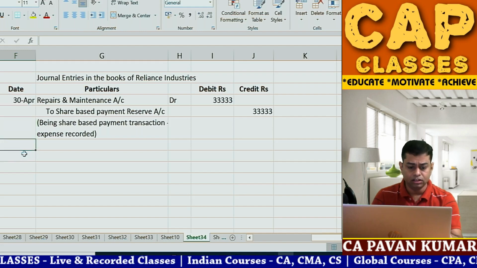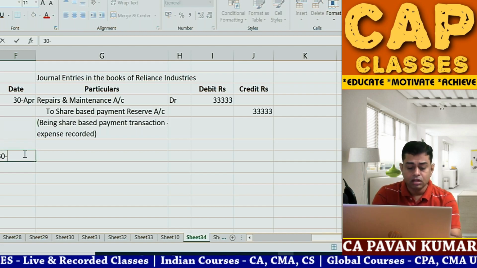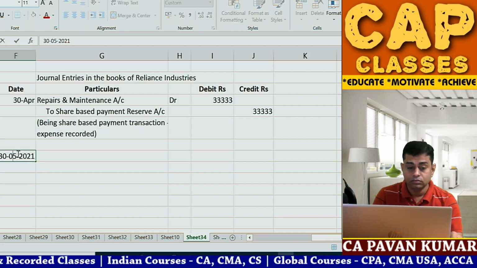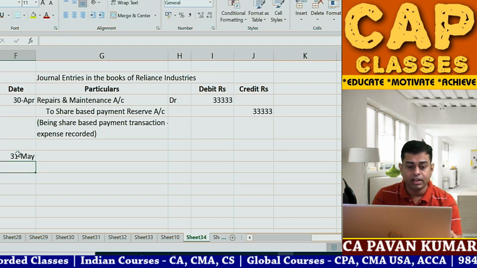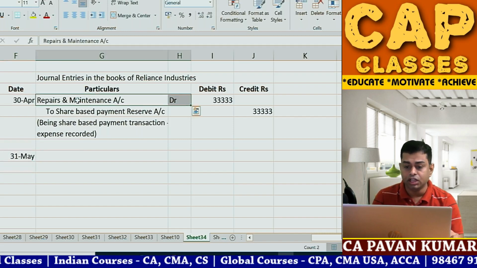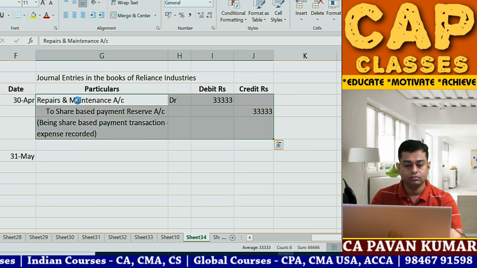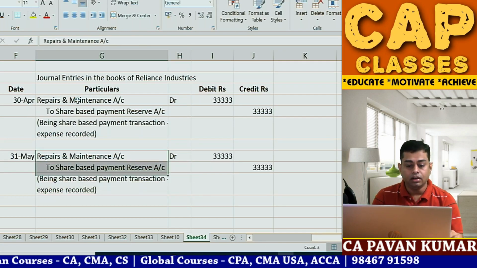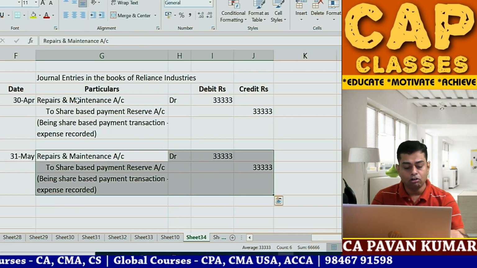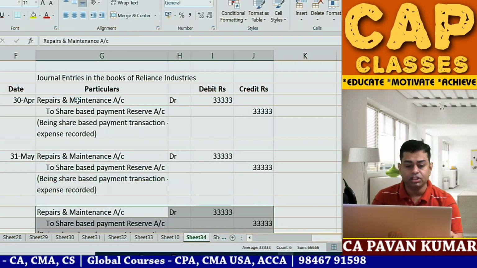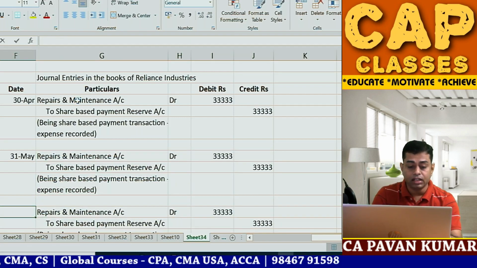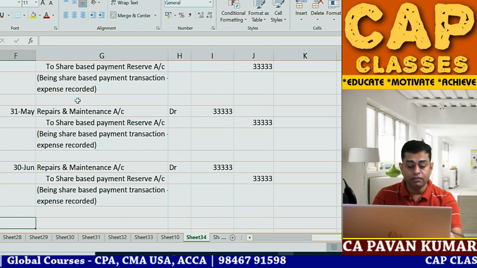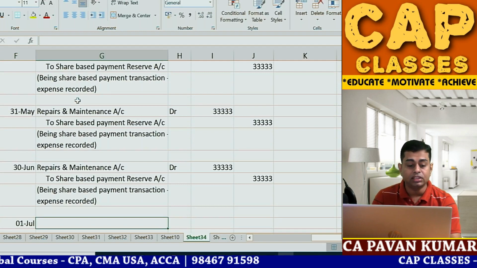Then 31st May I will pass the same journal entry. Then once more, Pavan sir, pass the same journal entry on 30th June also. Very good. Then on 1st July I will pass another entry.